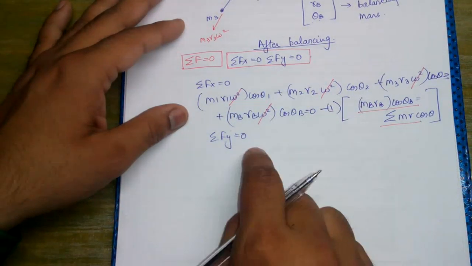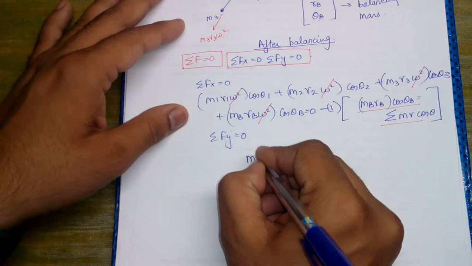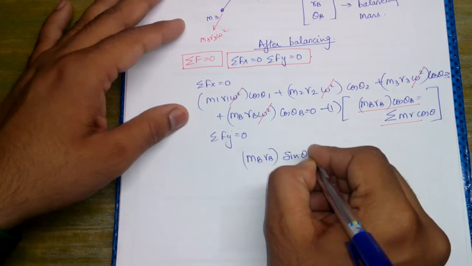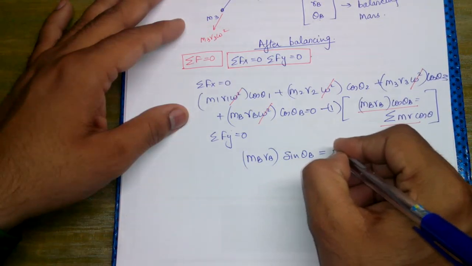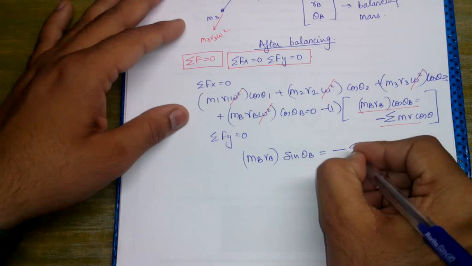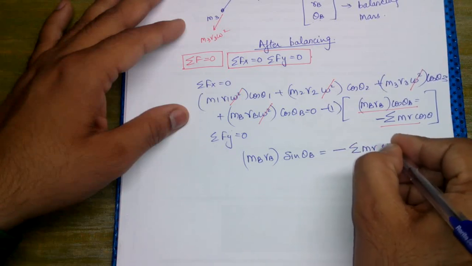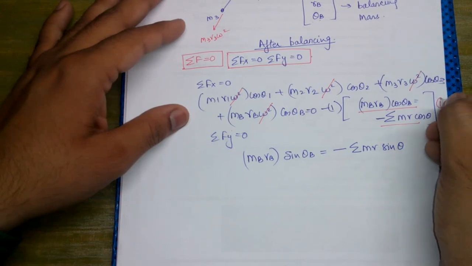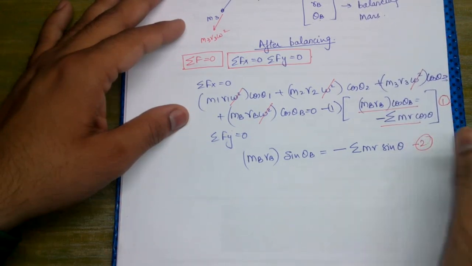Now summation of Fy similarly can be written as mb rb sin theta b is equal to minus summation mr sin theta. So this was our equation number 1, and this was our equation number 2.